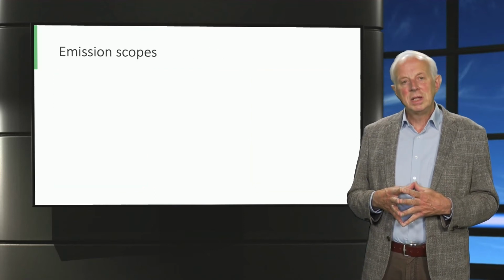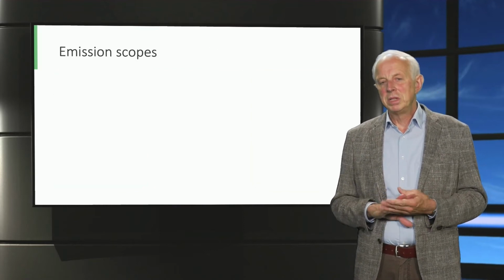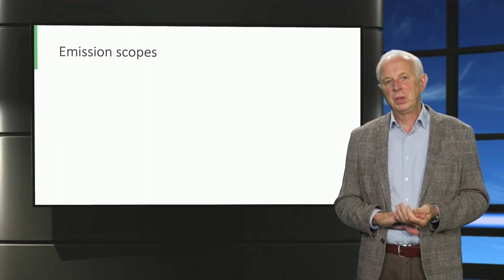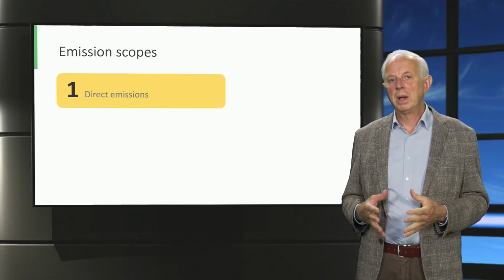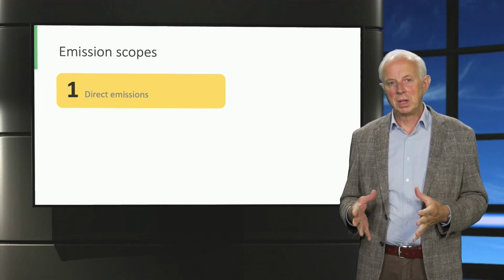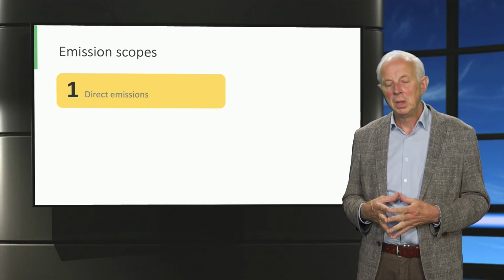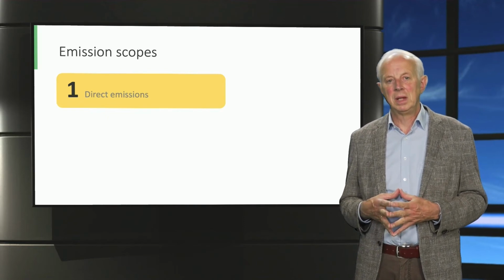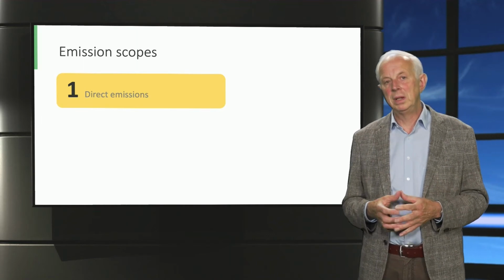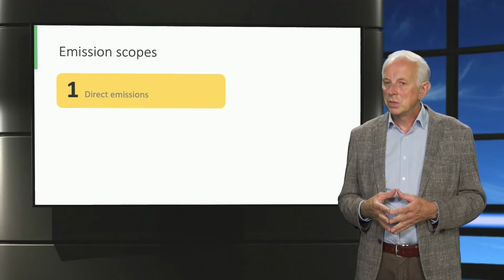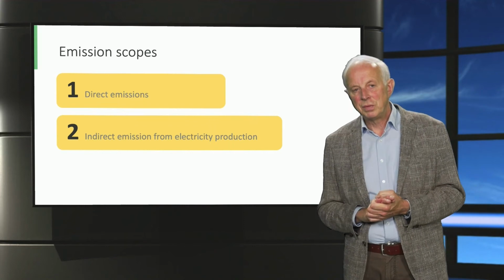This distinction between direct and indirect emissions is formalized by distinguishing so-called scopes. Firstly, in scope 1 we have the direct emissions, those that leave your chimney or tailpipe or are otherwise generated at your premises. Scope 2 and 3 both relate to indirect emissions. Scope 2 is a very specific category.